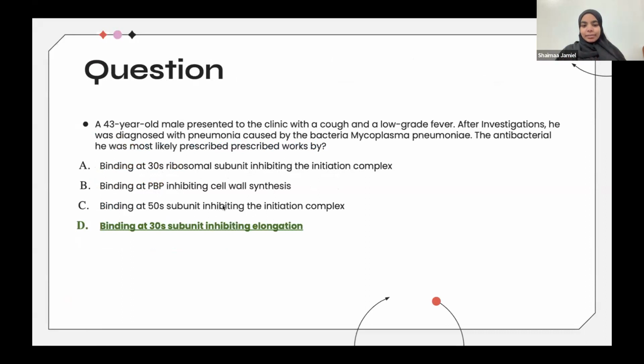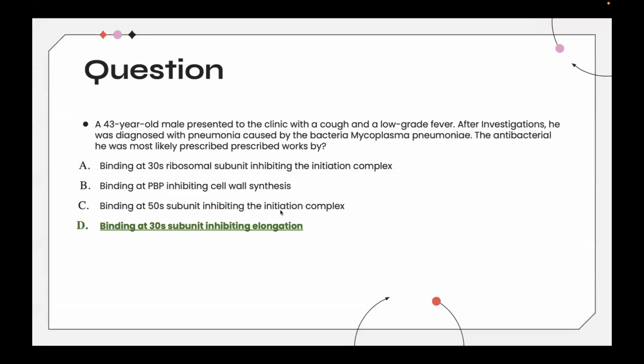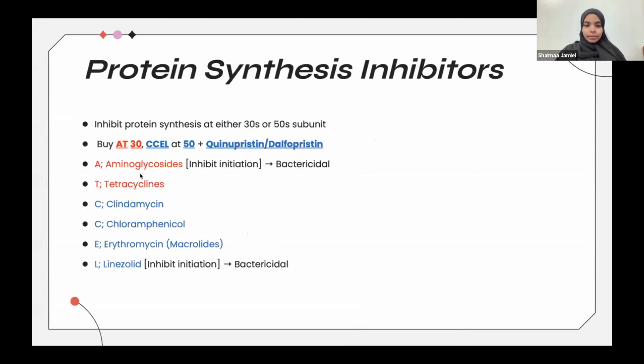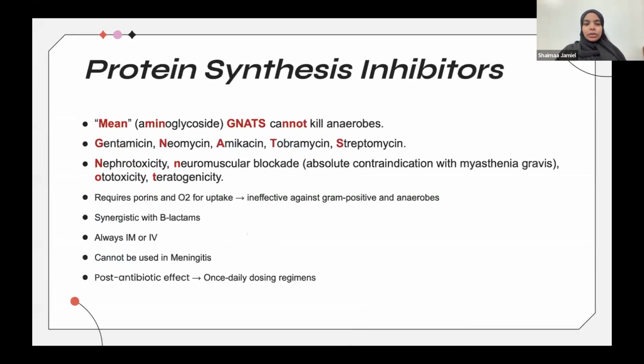Binding at the 50S subunit inhibiting the initiation, this is linezolid. Yes, it is linezolid. So linezolid and aminoglycosides are the only ones with initiation. However, linezolid is at 50S and aminoglycoside is at 30S, okay? And then binding at 30S to inhibit the elongation, this is tetracyclines, okay?